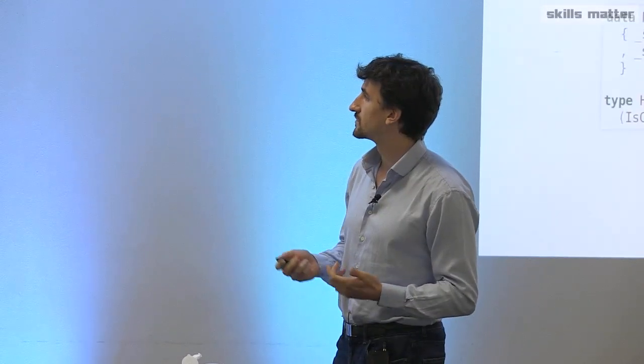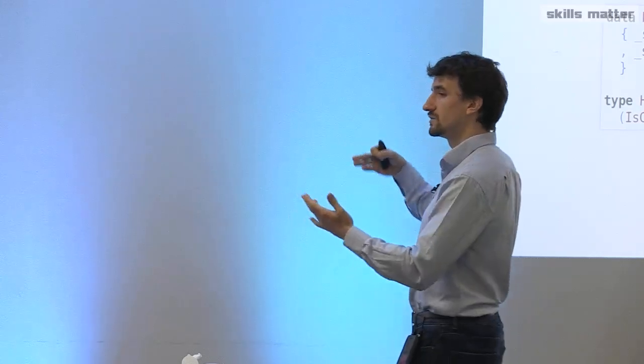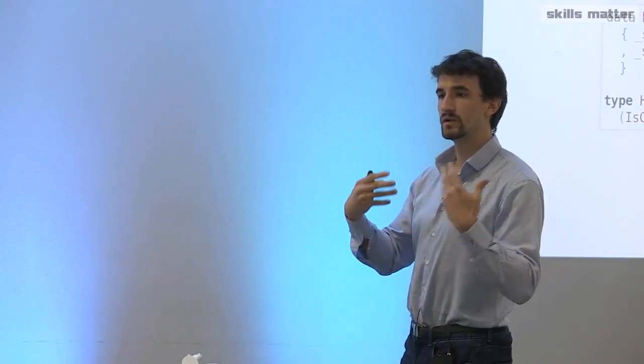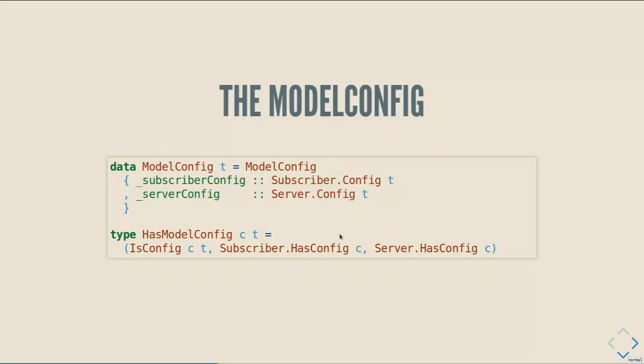So the model config is the output, like what we will be providing, how we configure dependencies. So we have a dependency here on subscriber. So account is able to subscribe to change events on the backend. And server config, so it is also able to send messages to the server.